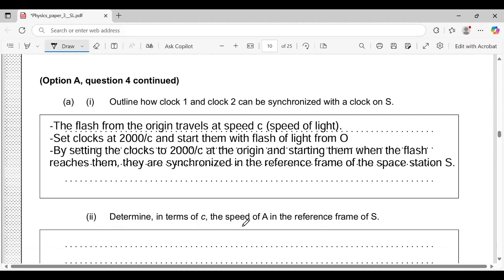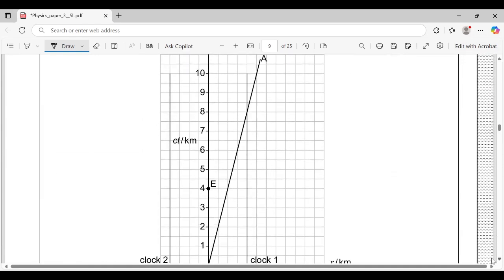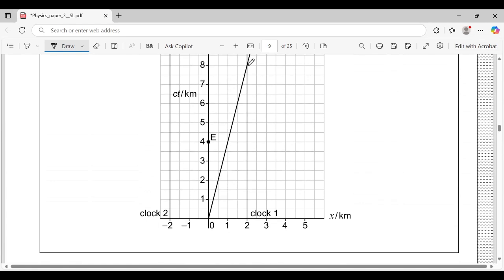Determine, in terms of c, the speed of A in the reference frame of S. If you look at this diagram, the distance here is 8, and if this angle is theta, then tangent theta is 2 over 8, or 1/4.